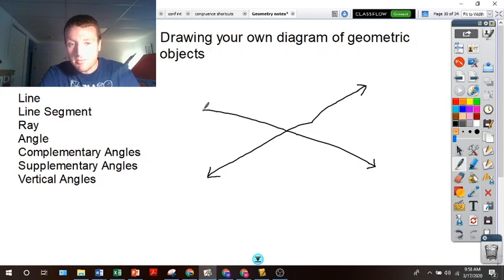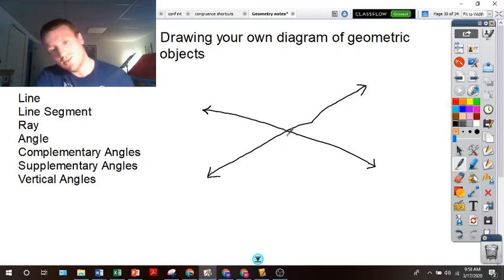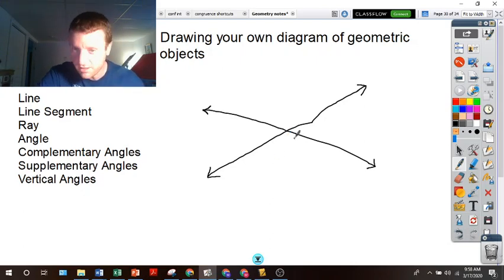So please think, maybe we'll try a little Blue's Clues here. Please think, what am I showing you now that I can cross off of my list? Vertical angles. Nice. Good job. So we're going to draw some vertical angles in here. We see the vertical angles.